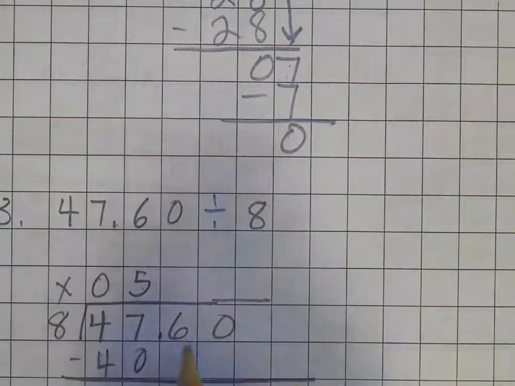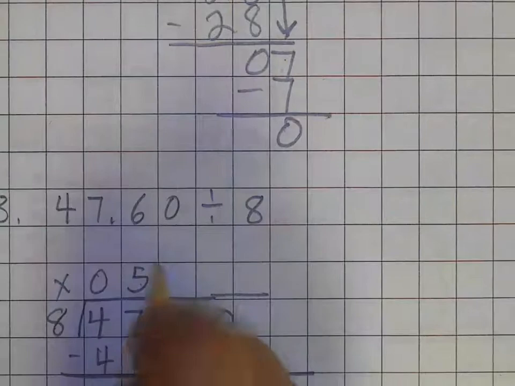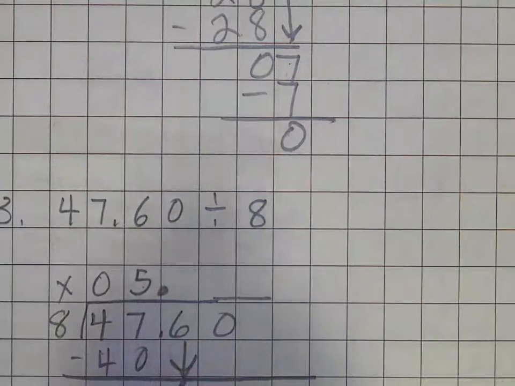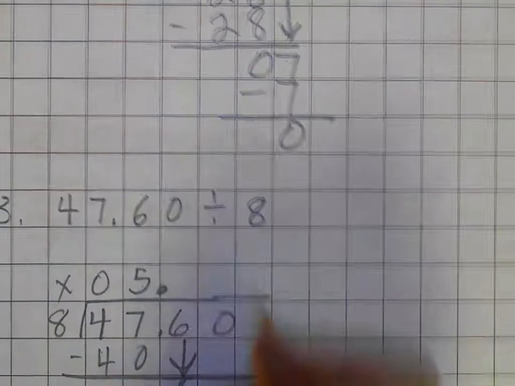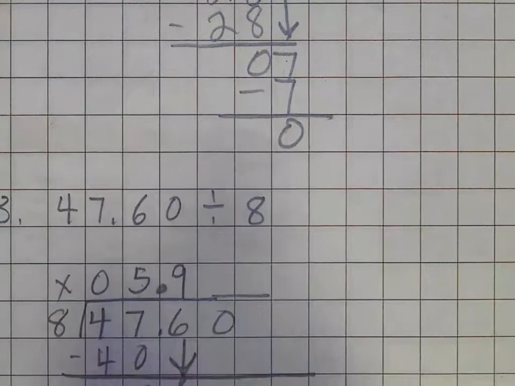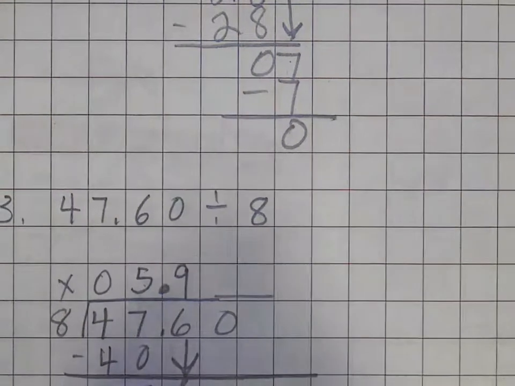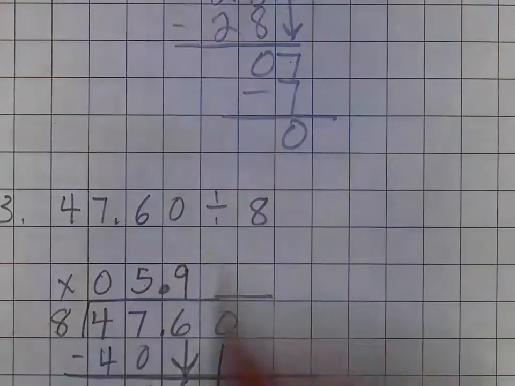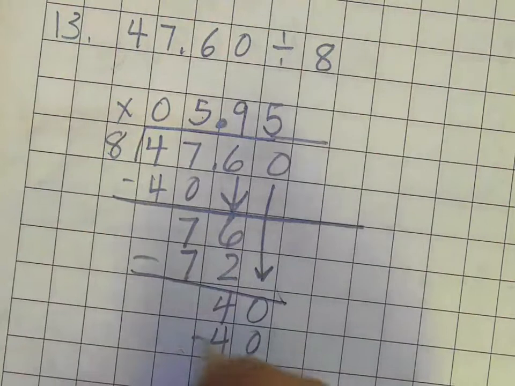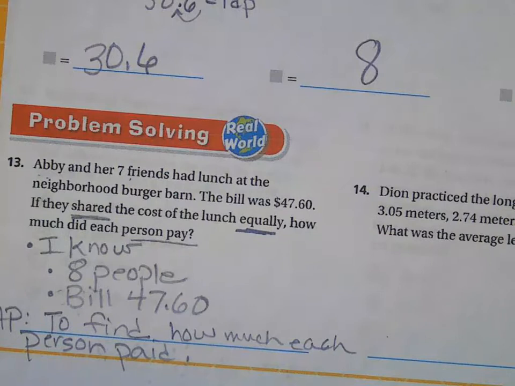Subtract out, bring down. This is where my decimal goes. 8 times 9 is 72. 10 is 80, so this is going to be 9. I have 4 left over, and bring down my 0. 8 goes into 40 5 times. So everyone spent $5.95.